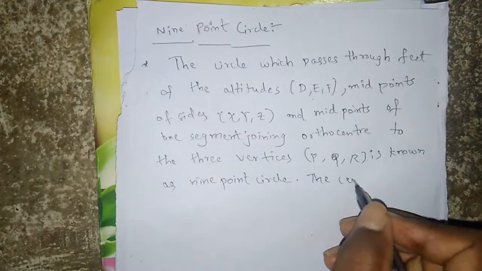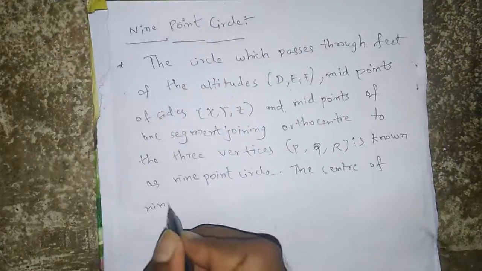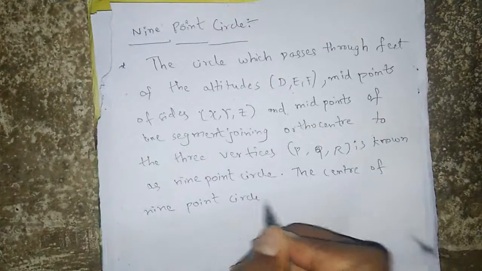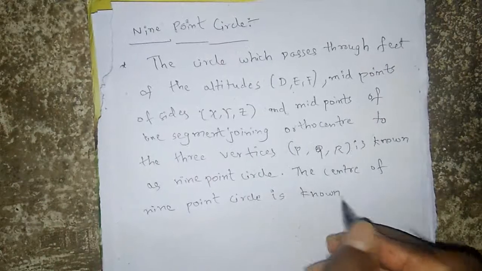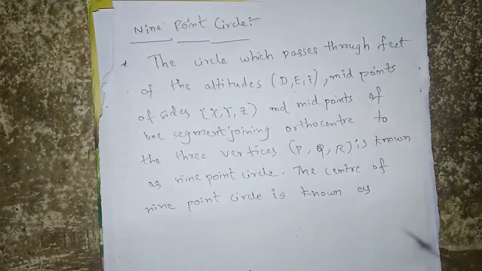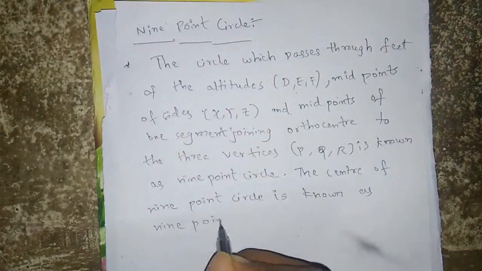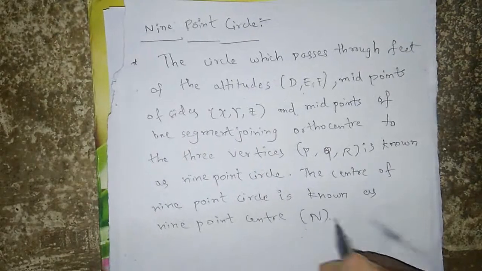The center of 9-point circle is known as 9-point center, capital N.